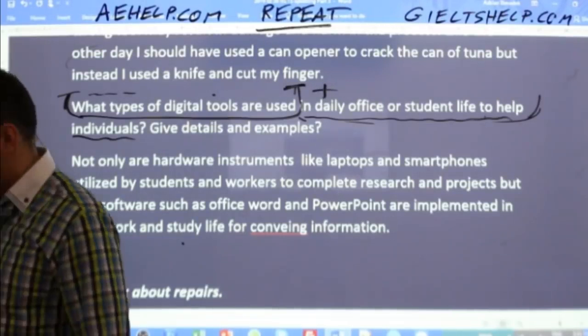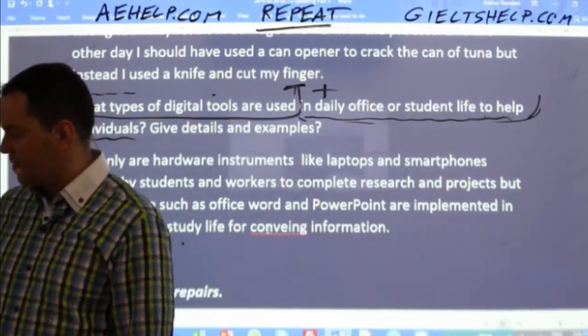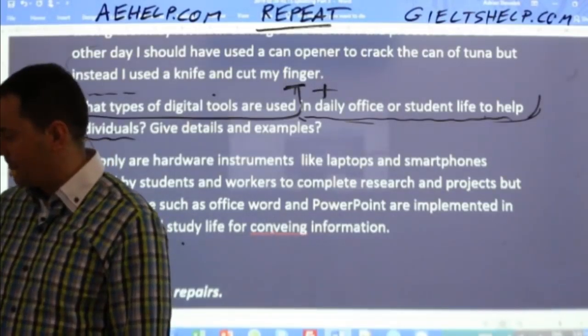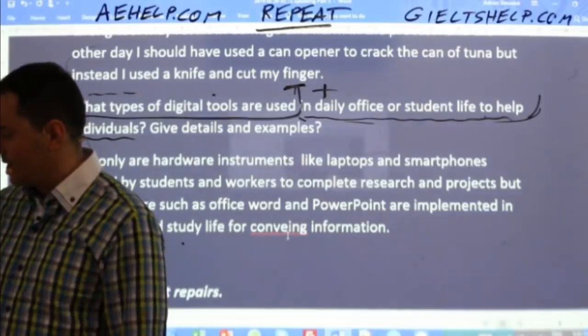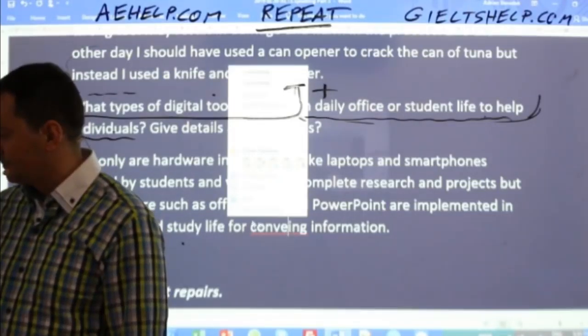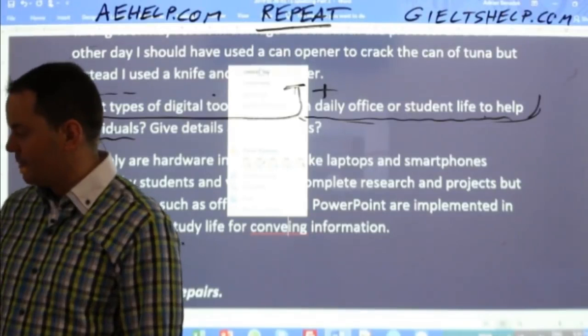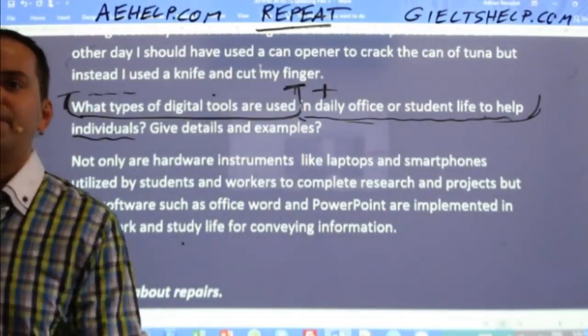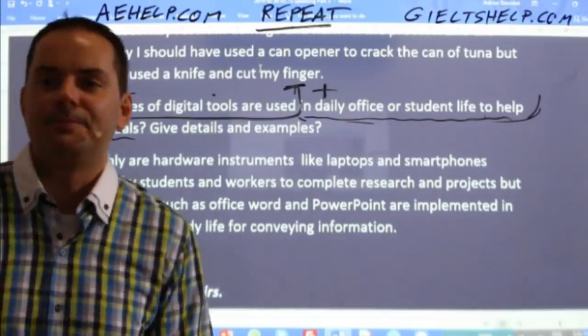Okay, conveying means getting information across to your audience. Conveying with a Y in front of the I. You're very welcome, Paula. Very welcome.